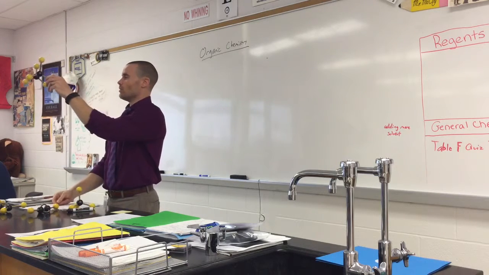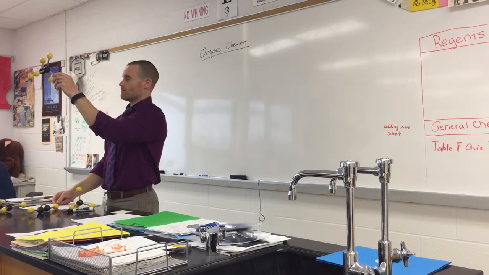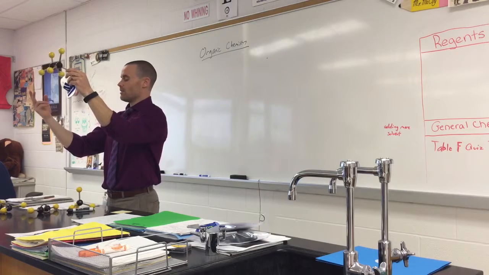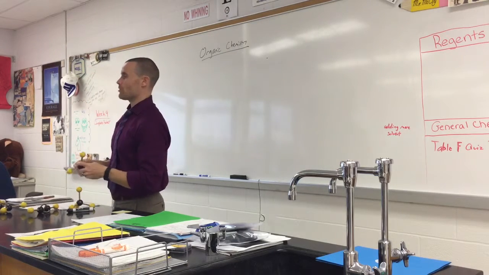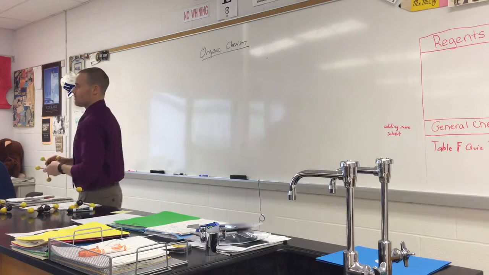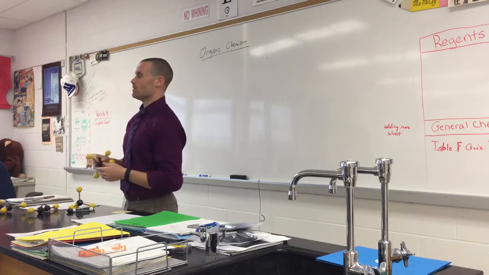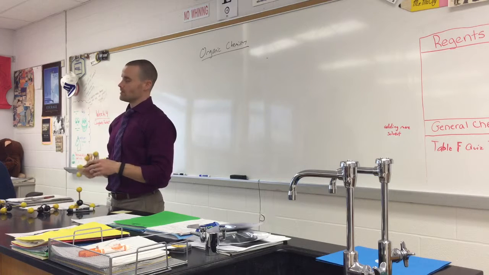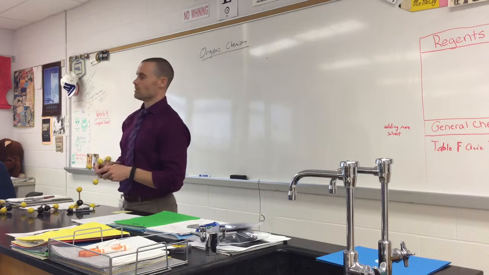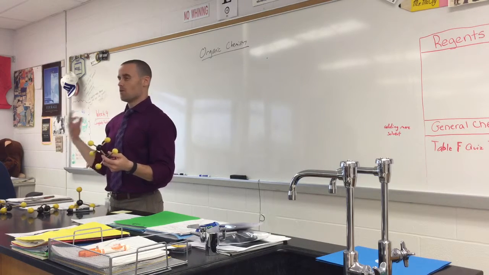What's the prefix for 2? Eth. Now, I don't have one made with 3, but what about 3 carbons? People want to say prop. It's prop. What about 4 carbons? People want to say but. It's but. Now, let me give you an example of how you won't forget this.